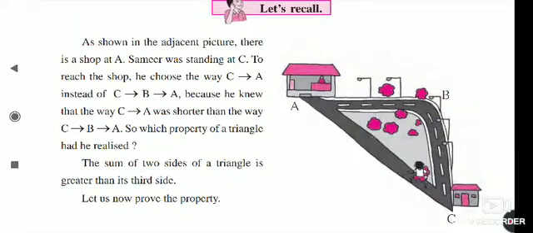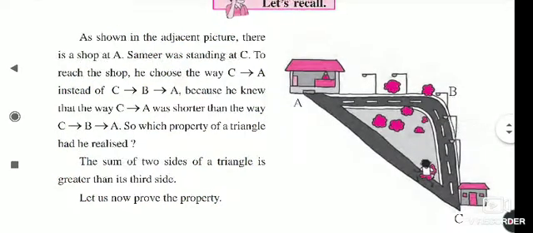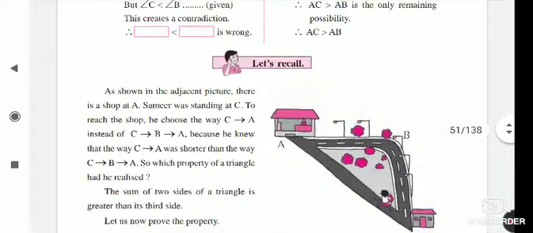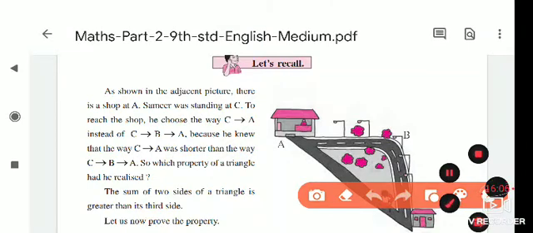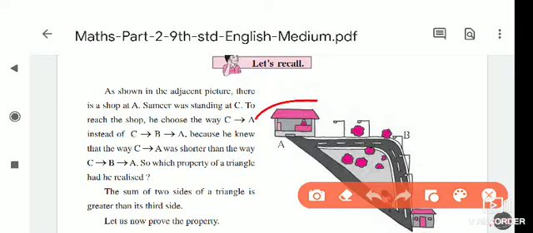this is the let's recall question, and here what they showed you, in the adjacent figure, means in this figure there is a shop A. This is shop A, and here it is C, where Samir was standing.